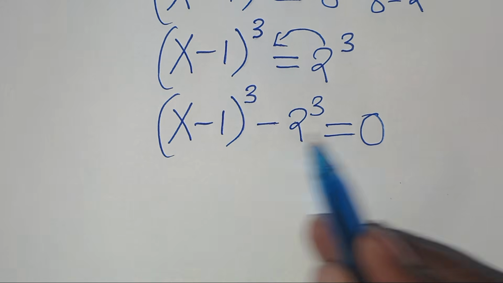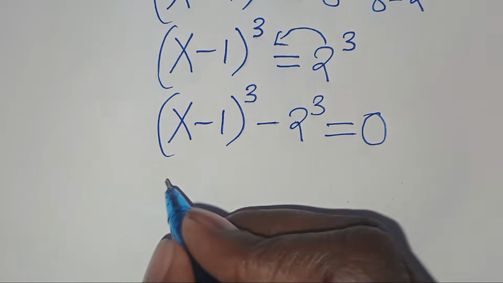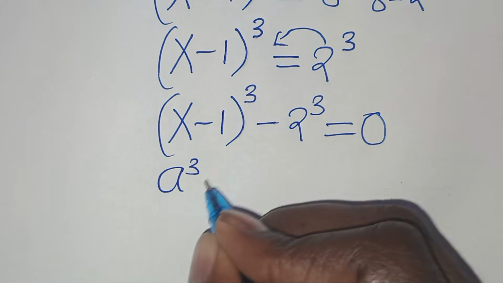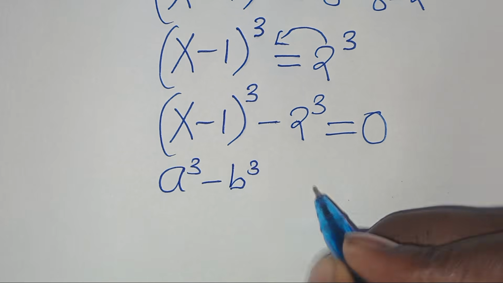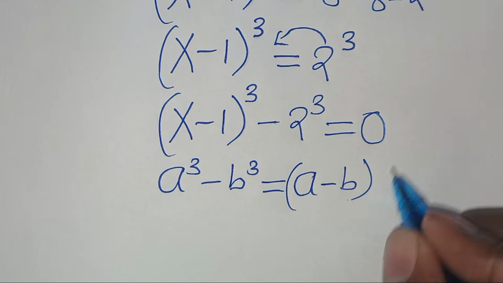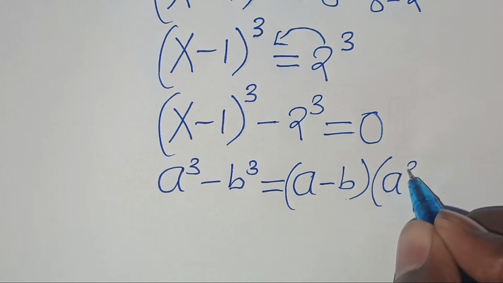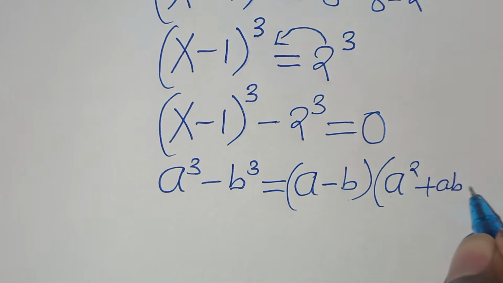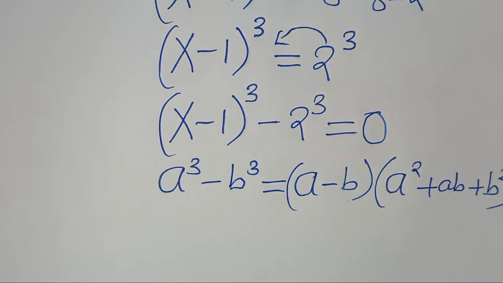Now this equation here is the difference of two cubes, expressed as a^3 − b^3, which can be expressed as (a − b)(a^2 + ab + b^2).